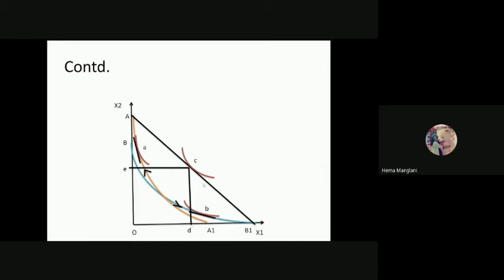So this triangle of exchange may overlap with each other. This shows that if you draw a line from this particular origin O, which is a 45-degree line, it indicates the exchange rate for both of the countries, that is PX by PY or PX1 by PX2, equals 1. Okay, it means both are getting similar gains out of the trade.